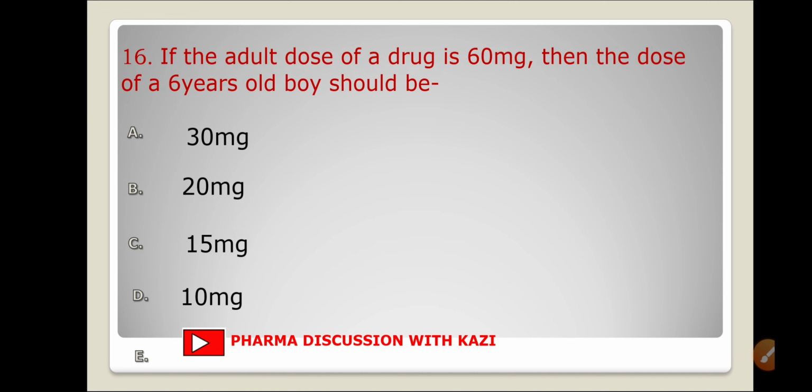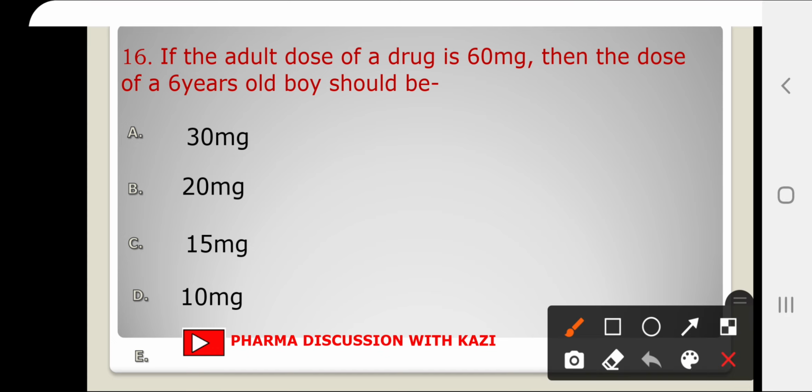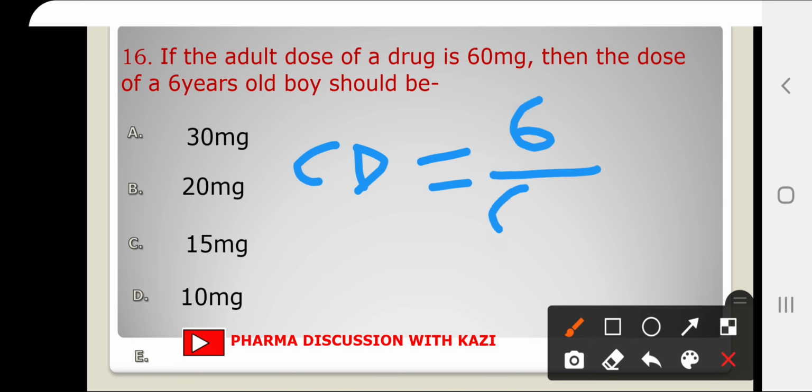Next question. If the adult dose of a drug is 60 mg, then the dose of a 6 years old boy should be 30 mg, 20 mg, 15 mg, 10 mg. According to Young's formula, we know that child dose equals age in years, that is 6, divided by age in years plus 12, into adult dose.